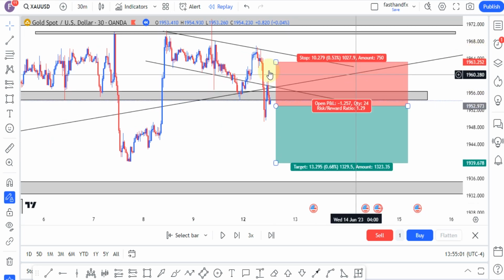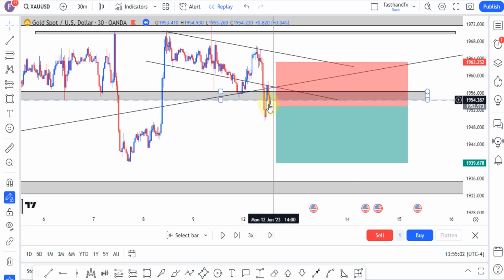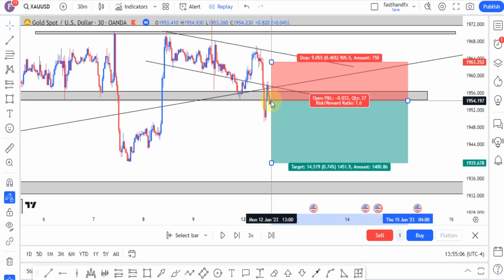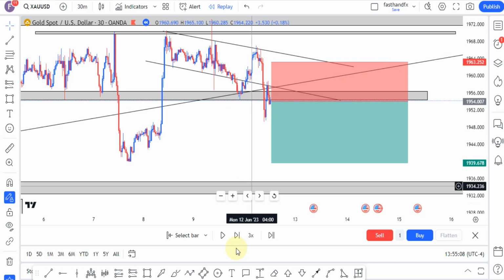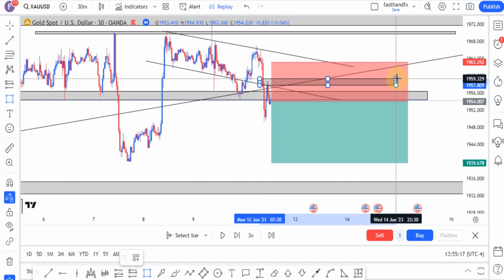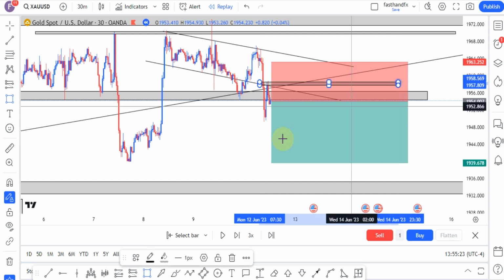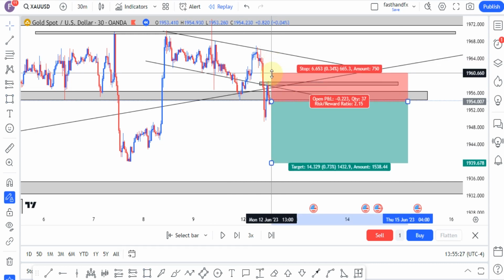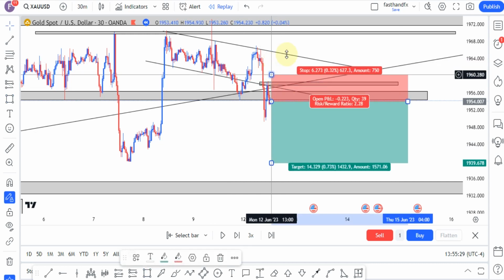So if we take a sell at this point, our stop loss should be just right above this area. We put our stop loss around here.